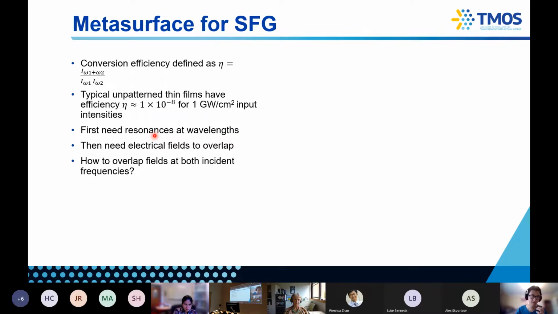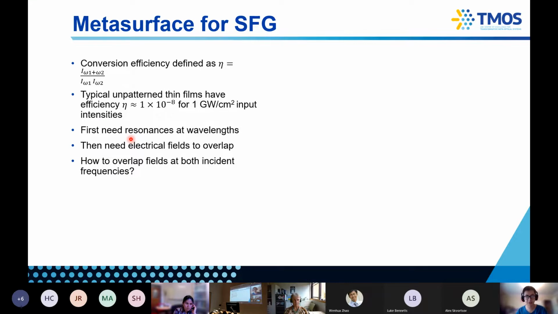The efficiencies that people typically encounter for unpatterned thin films are on the order of 10 to the minus 8 per 1 gigawatt centimeter squared input intensity. But it's not just the resonances at particular wavelengths, it's also how the electrical fields overlap.